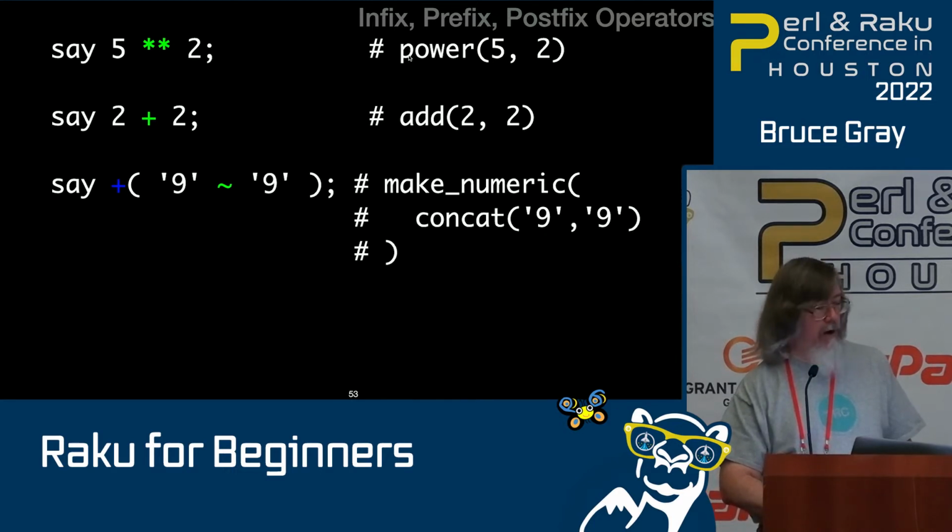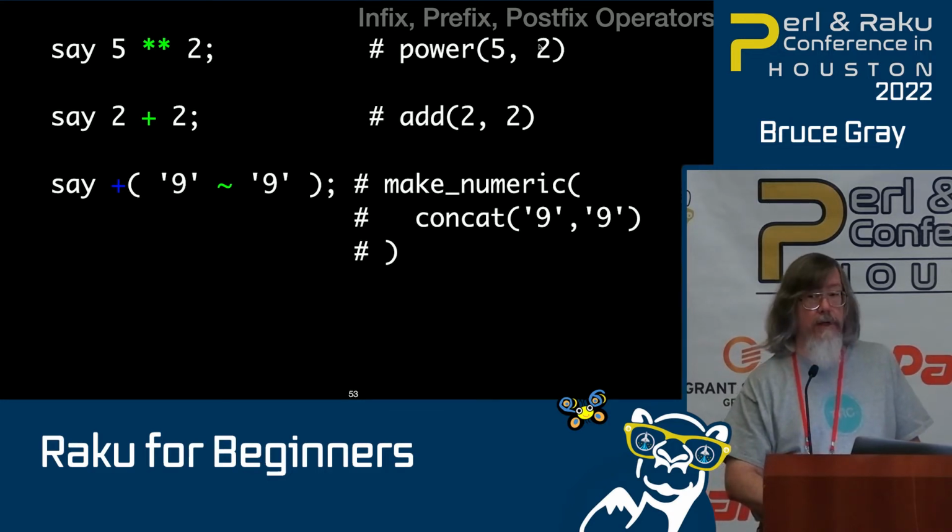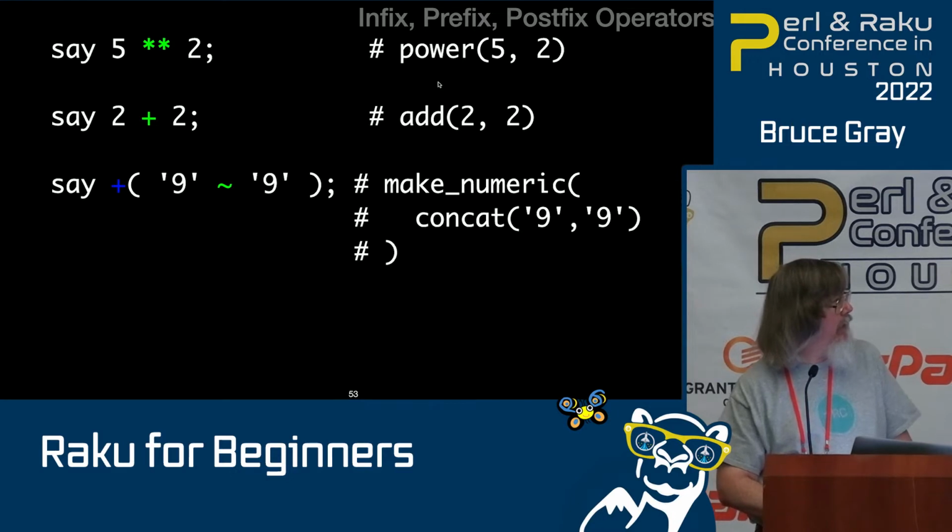That's the equivalent of calling something like raised to a power with 5 and 2. In some languages, you have to do this. In Java, you have to do that if you get into the right types. So these are both infix operators, because it's in between the operands.